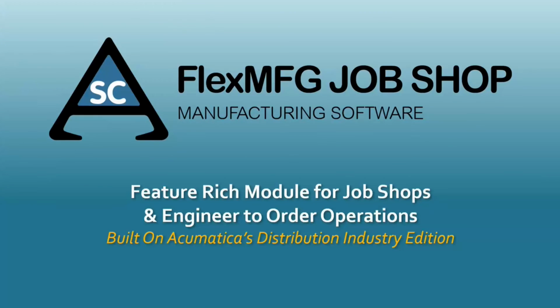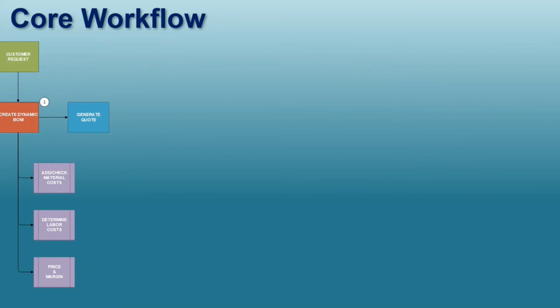We also have the ability to talk to a customer and create the dynamic bill of material and generate a quote. So the last workflows I was showing you were for an item that is in stock or is defined, like something on your website. Here, the customer calls up and says, I want something from scratch, or I want something same as except, and you guys haven't made it yet.